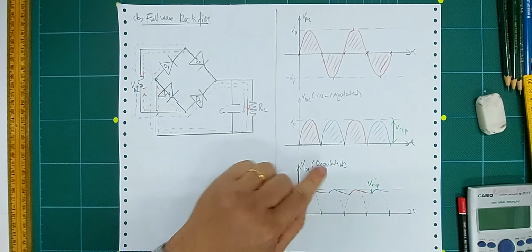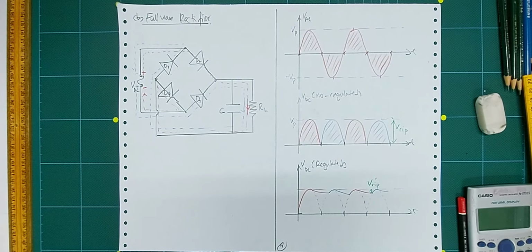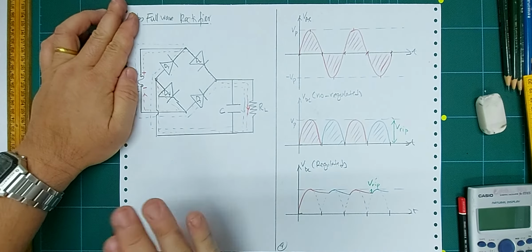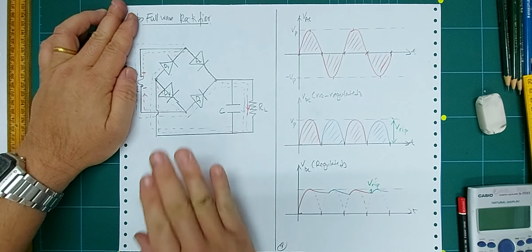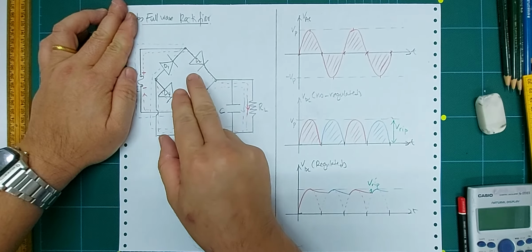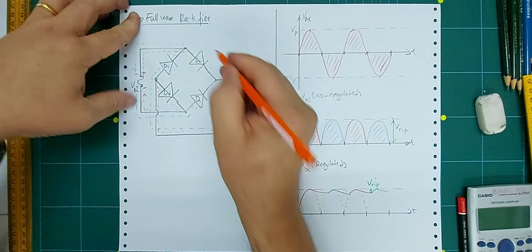Regulated means with capacitor, unregulated or not regulated is no capacitor. Alright, so this one is more efficient in a way that it operates with 4 diodes arranged in something like this. So we call this type of arrangement a bridge diode.